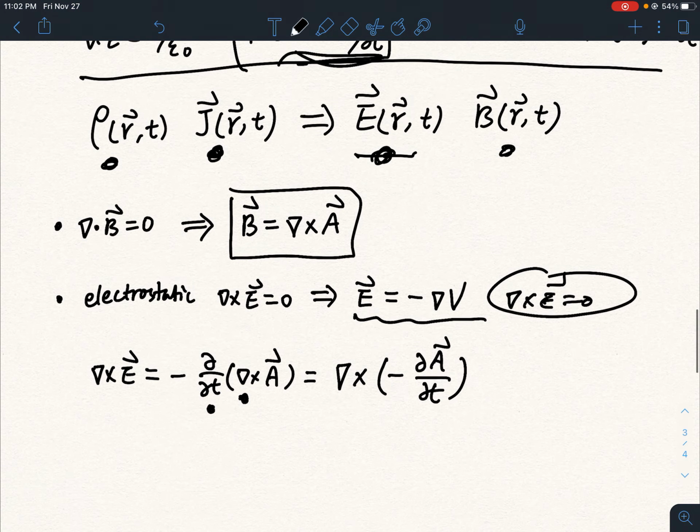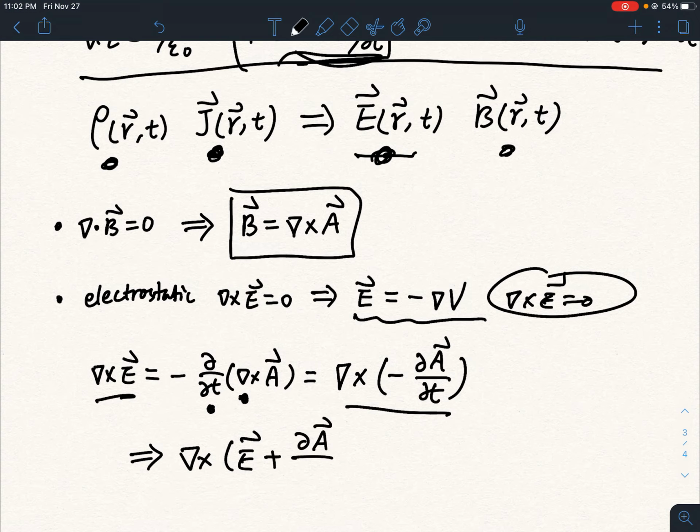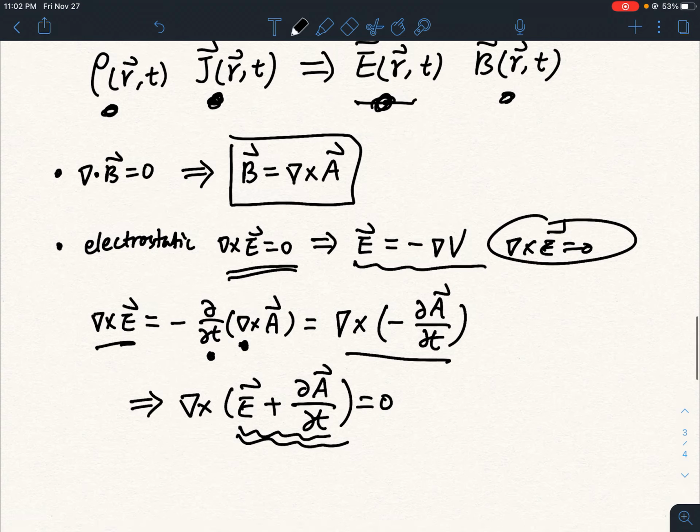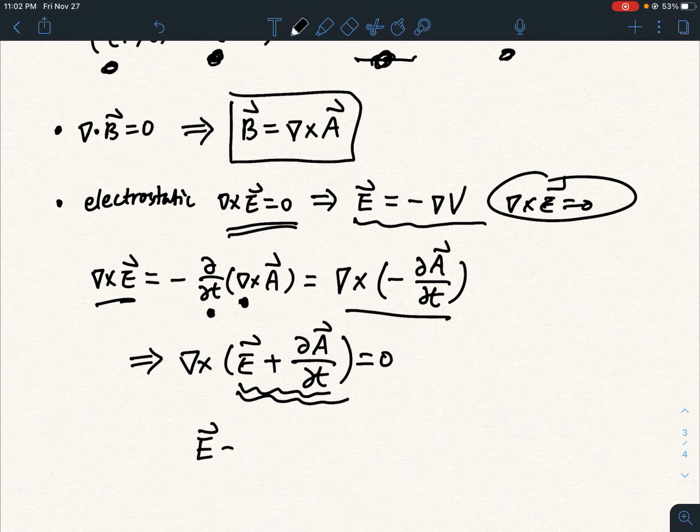So we can write del cross (E plus partial A over partial t) equals 0. Now the curl of this whole quantity is 0, so we can write this whole thing as, for example, minus del V, introducing a new scalar function.